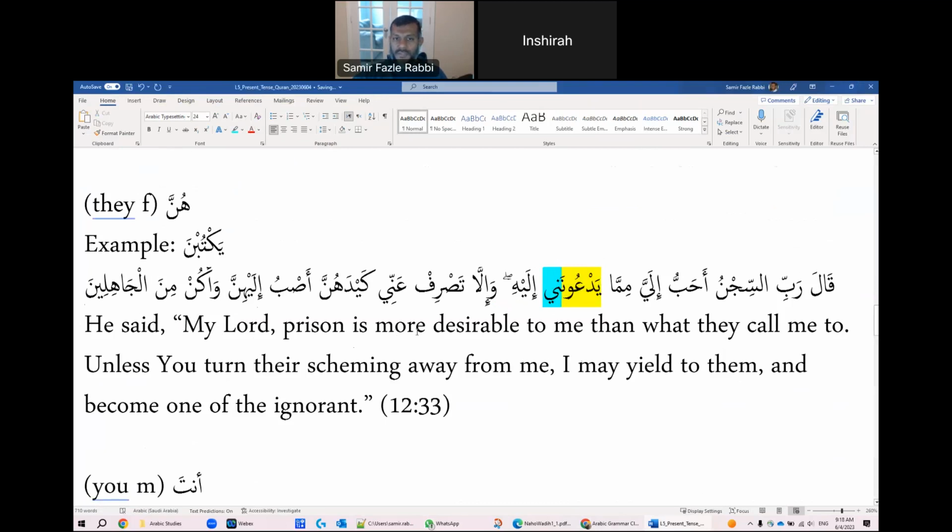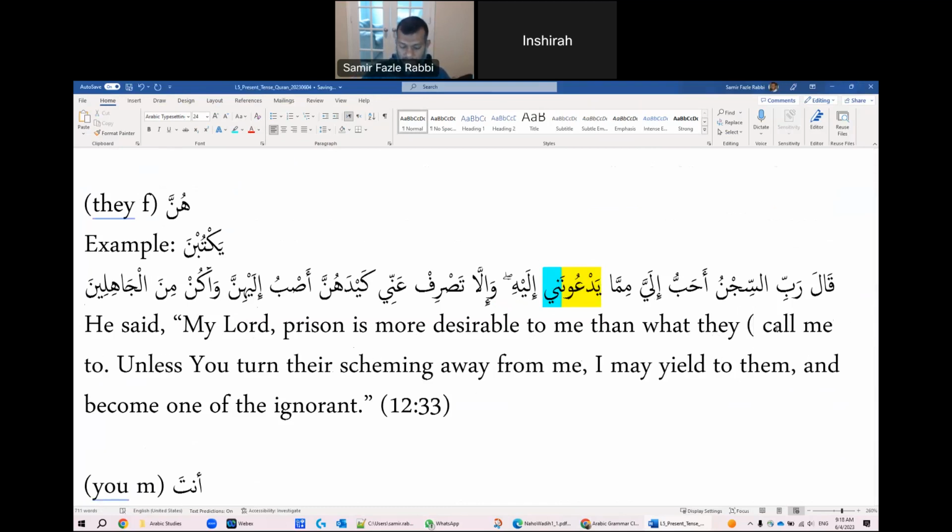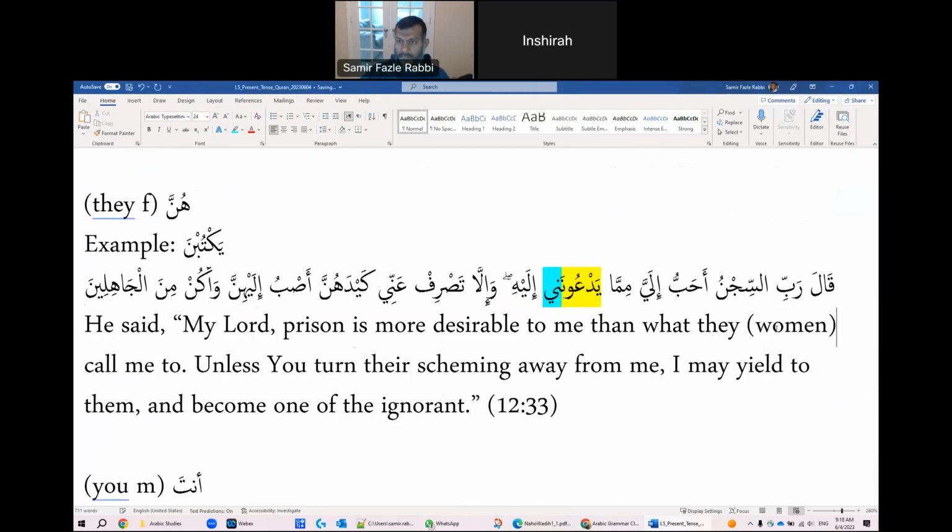My lord, prison is more desirable to me than what they call me. So this, the call is the yellow part, and then me, that's where the blue comes in. Yad'unani.